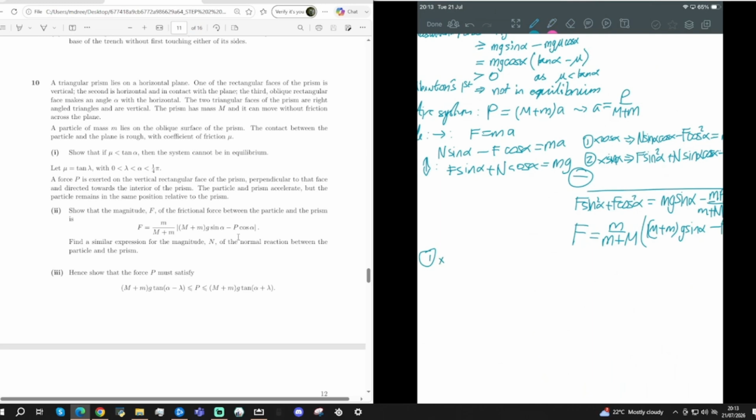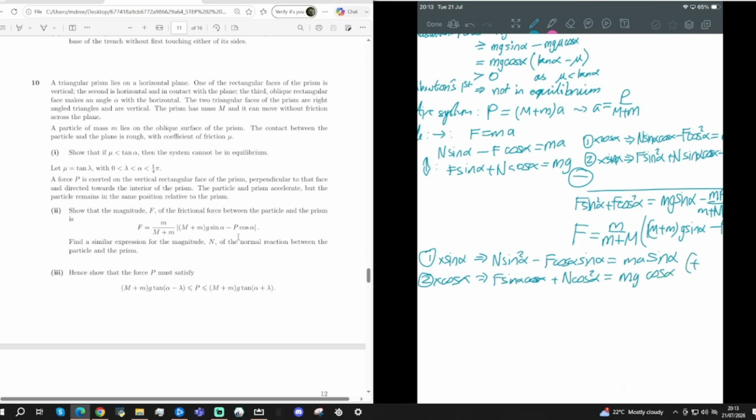So I'm going to take equation 1 and times it by sine alpha, the opposite of what I did before: n sine squared minus f cos sine equals ma sine. And then times the second one by cos, giving me f sine cos plus n cos squared equals mg cos.